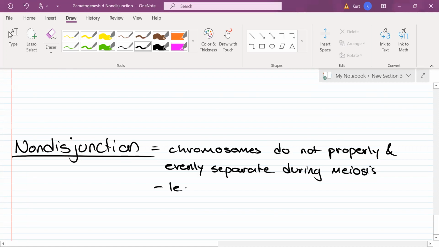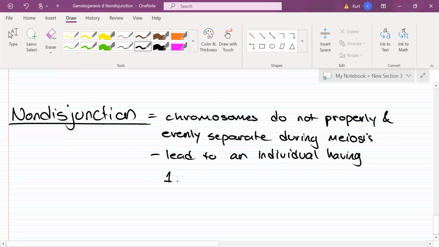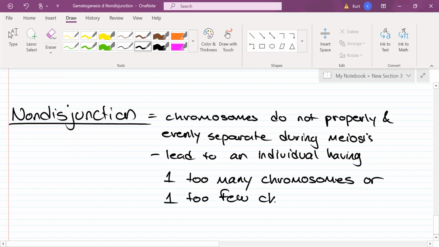This can lead to an individual having one too many chromosomes, so they have an extra one, or one too few chromosomes.